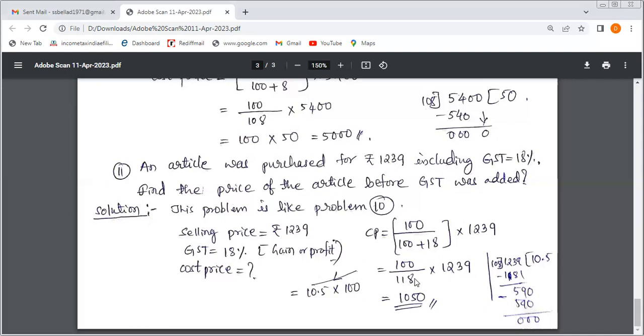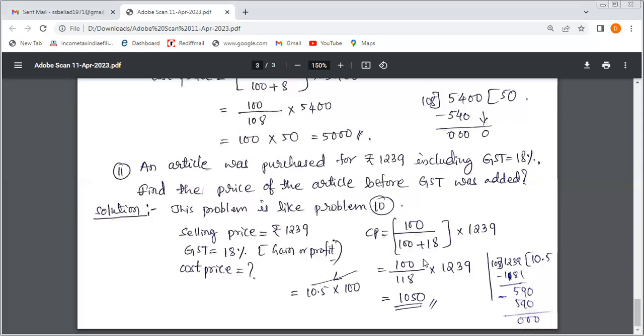100 divided by 100 plus 18 means 118, into this. And here you see the division. You have to divide this 1,239 by 118. Here I have written 108. Sorry, it is not 108, this is 118. So 1,239 is divided by 118. I have shown here how to do it. This gives 10.5.